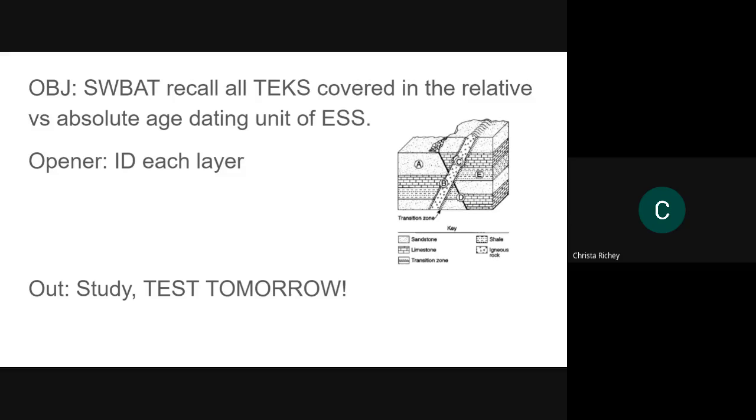I've heard it called that too. Okay, which one is older, the fault, letter D, or the igneous intrusion, letter C? Which one happened first? D, because C cuts through it. There are so many different things happening in this one. There are no nonconformities, no inclusions, and no disconformities on this one.